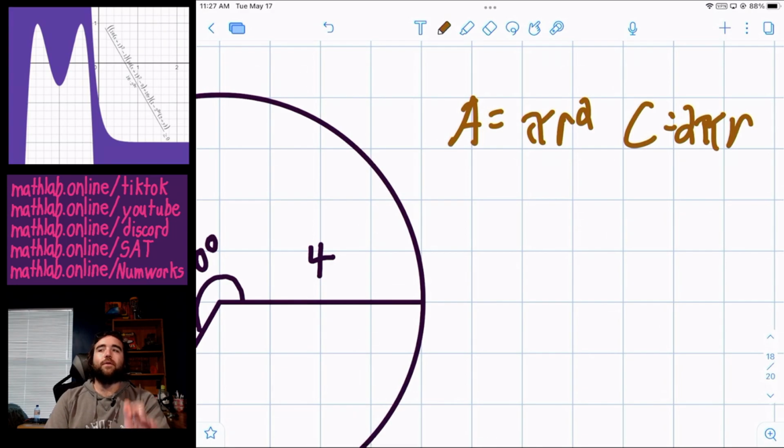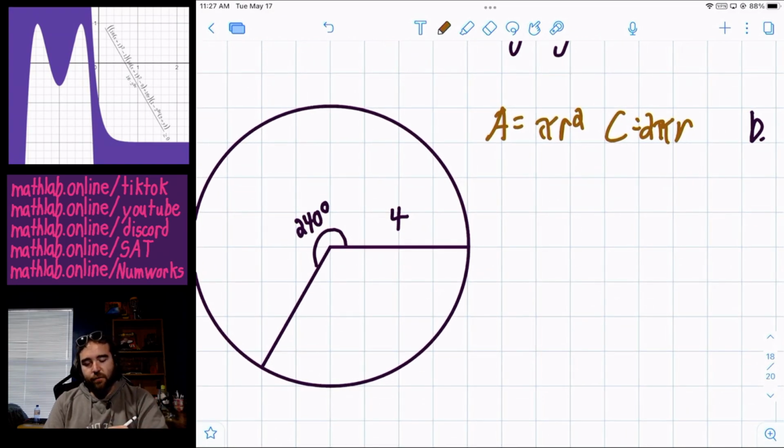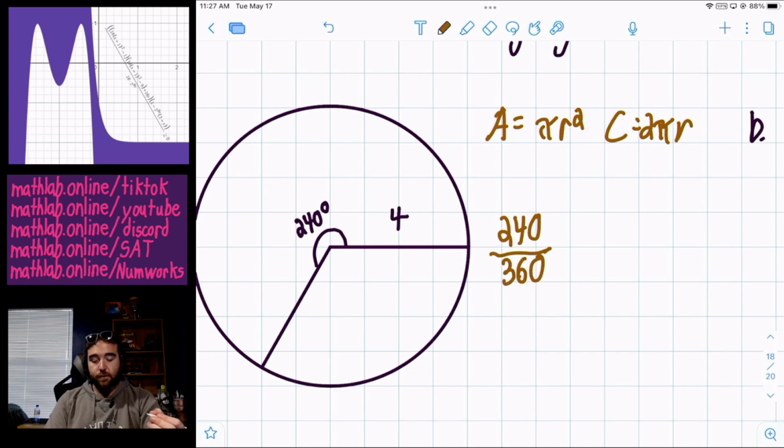So what we're going to do is find the area of the full circle, and then multiply by the fraction that we actually want. The fraction that we want is 240 degrees out of 360 degrees, times 4 squared, pi, because the area is r squared times pi.